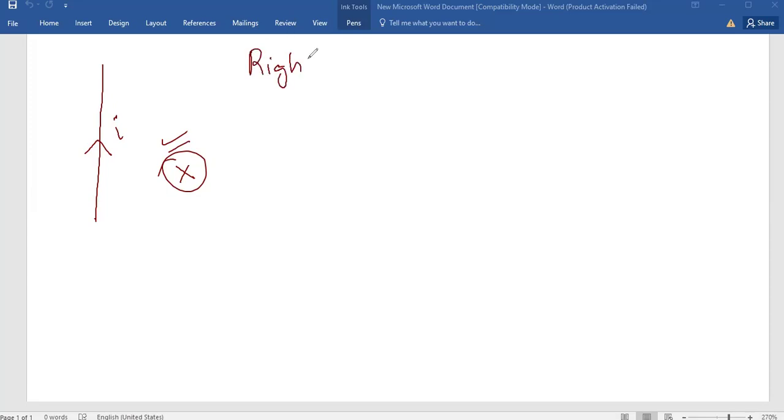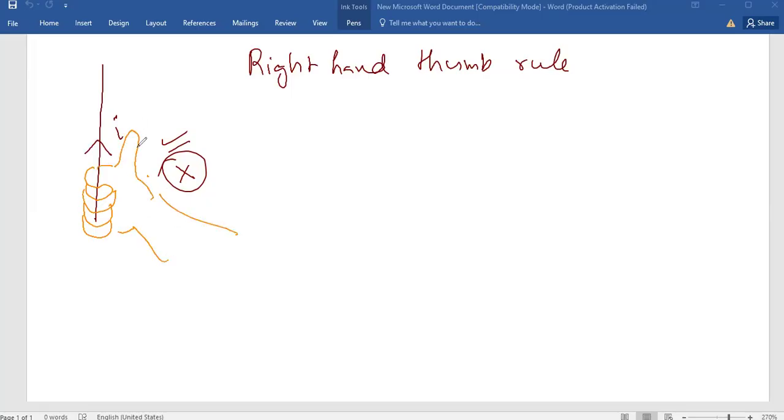This can also be done by using the right hand thumb rule. This is in CBSE also. It says that you imagine that you are holding the wire with your right hand, such that the thumb represents the direction of current.